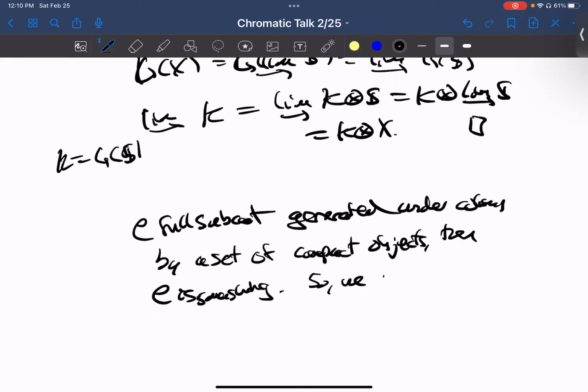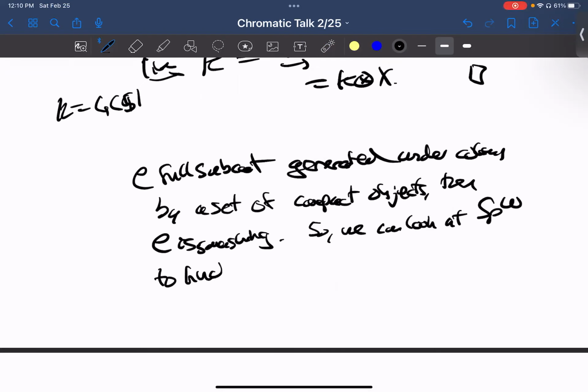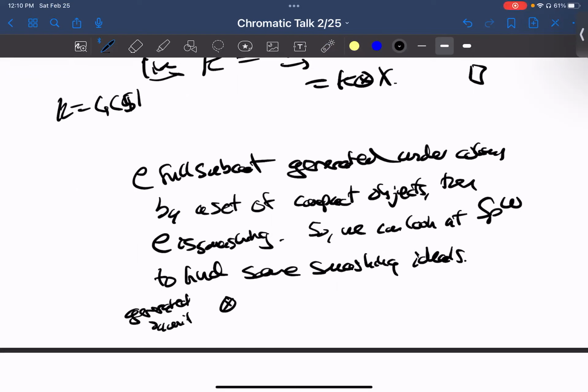So we can look at the compact part to find some smashing ideals. These are all tensor ideals since they're generated by the unit. Then your tensor ideal is smashing as soon as you have a thick subcategory of the compact objects.